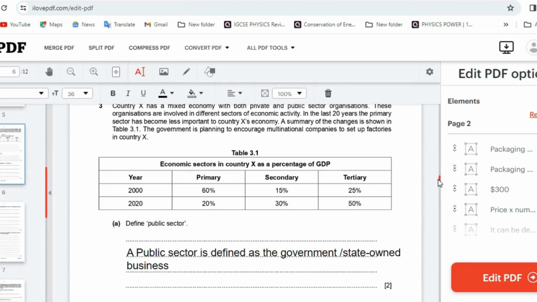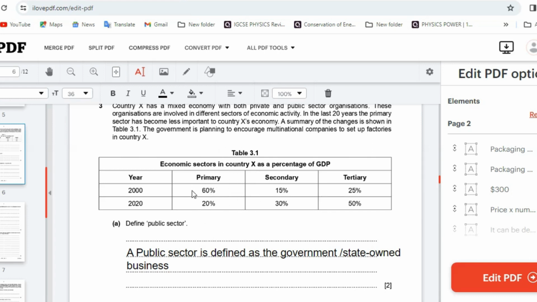Economic sector in country X as a percentage of GDP. The GDP, the value of goods produced in a country in a year.